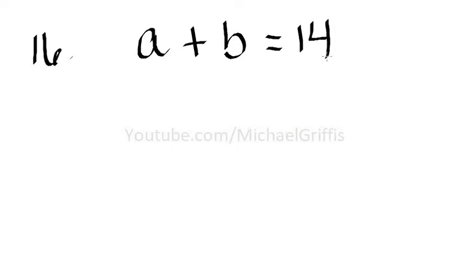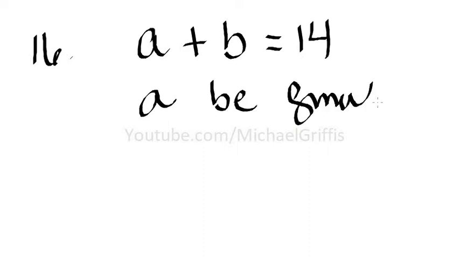So we're going to probably need some kind of relationship between a and b. The larger number is 1 more than 3 times the smaller number. Let's let a be the smaller. Okay, and b, we'll let b be, let's see.